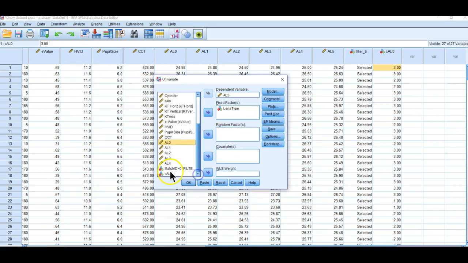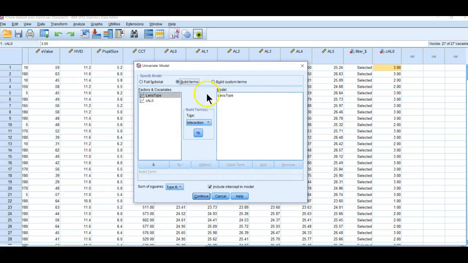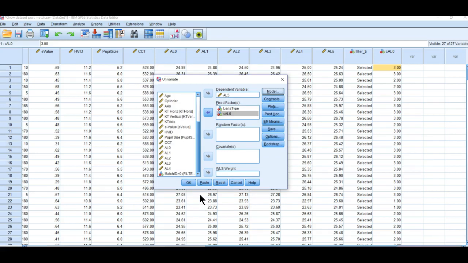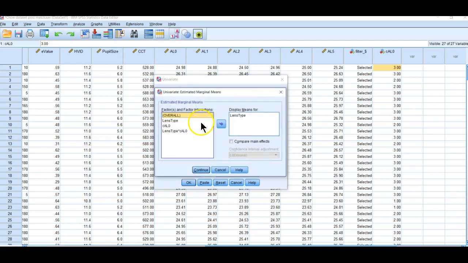And we have the factor of lens type by CAL0. Now when we go to our model, we're just going to say we want a full factorial because we have two fixed variables now. We no longer have one continuous and one fixed, so we don't have to specify anything. We just say full factorial. And we're going to look at our means.